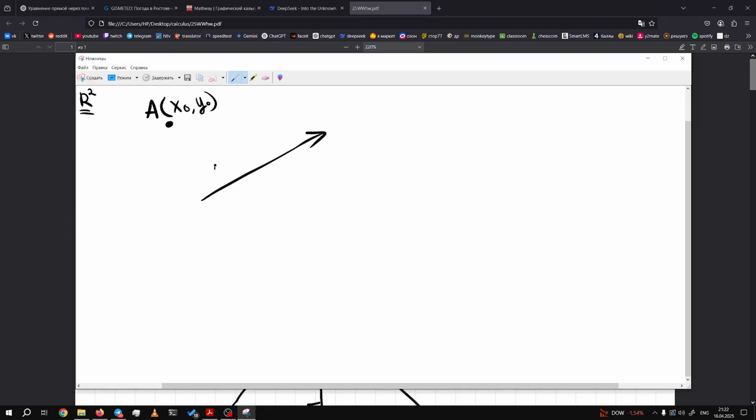This vector is called P, which has coordinates P1 and P2, and the line L is x, which equals our point A plus the directional vector multiplied by t, where t belongs to R.